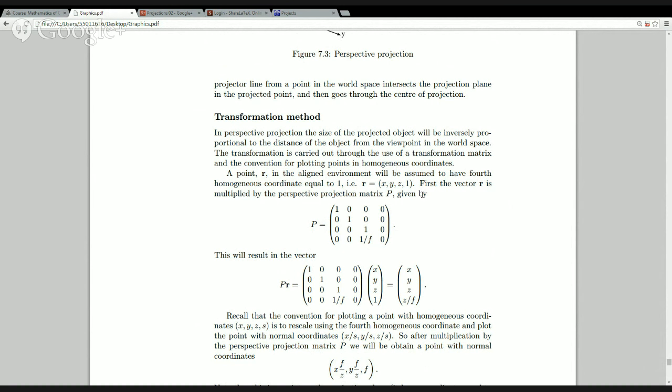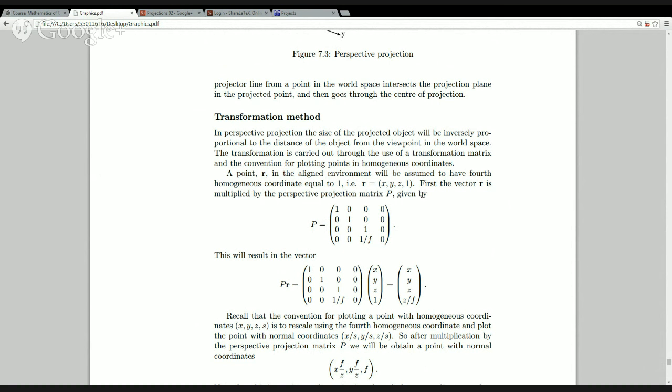And we'll justify the whole process in a moment with a sketch of the situation. So that's going to produce the components. Well, you see the top left 3x3 block in P is just the identity matrix. So that's going to leave the x, y, and z coordinates alone.